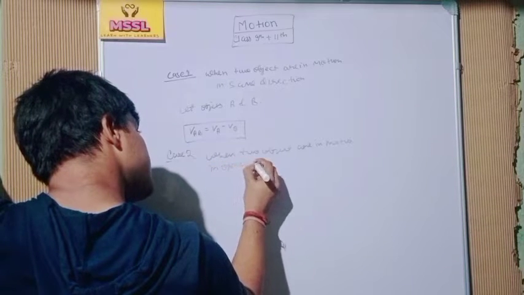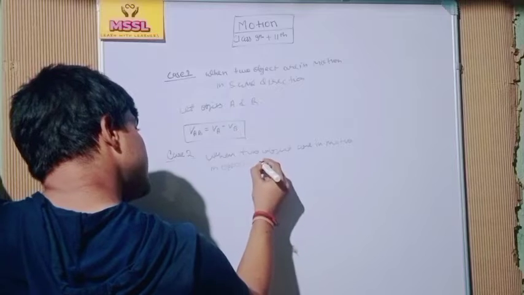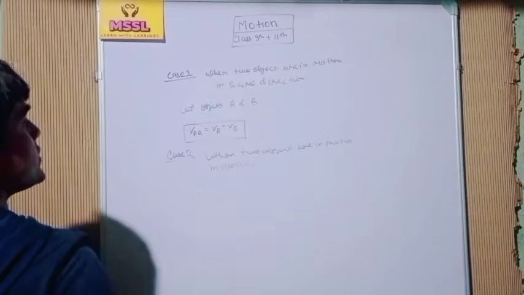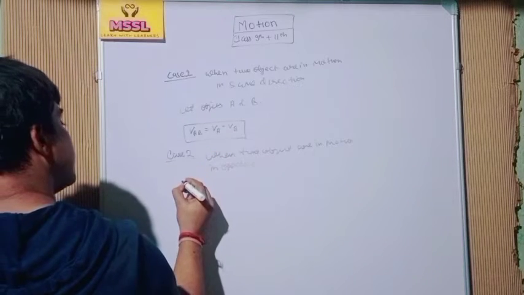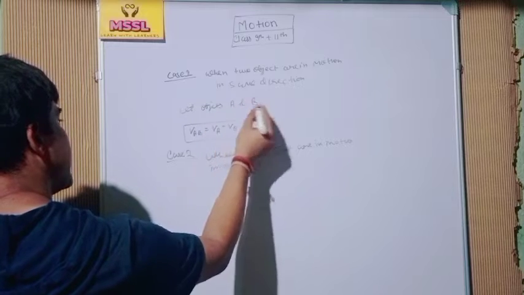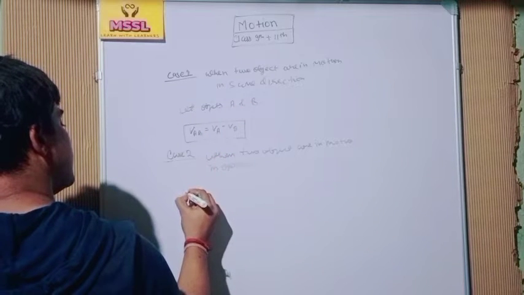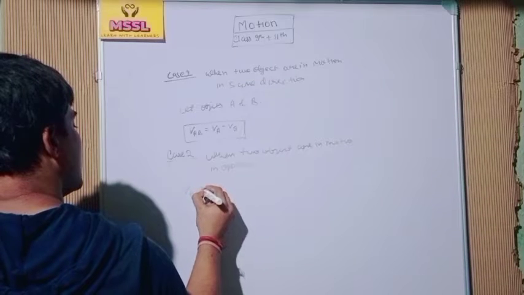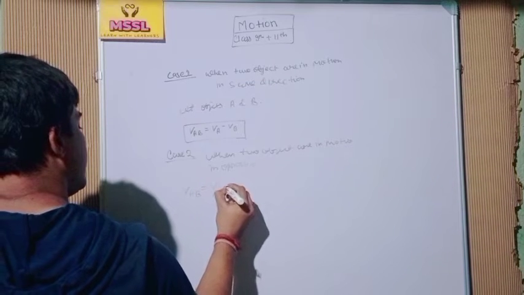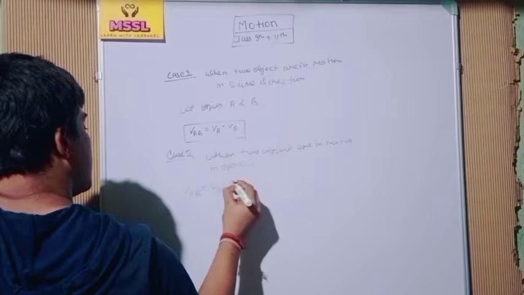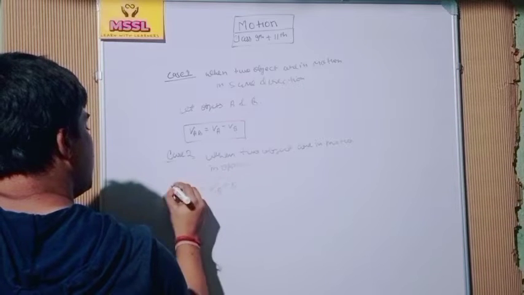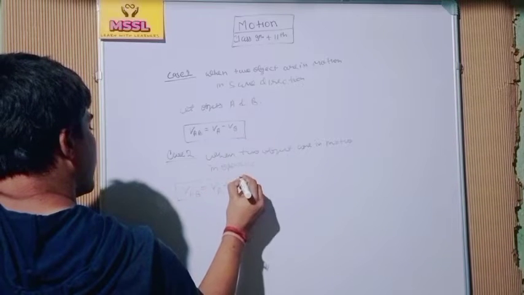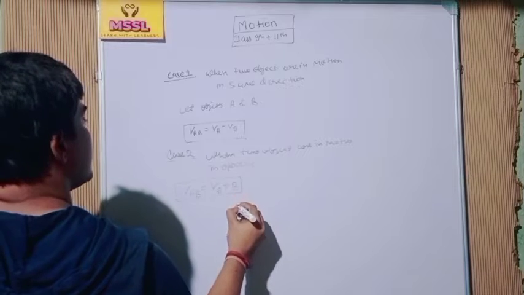Just read the word carefully: it's in opposite direction. So for the same objects A and B, the relative velocity will be VA plus VB. Did you get this?